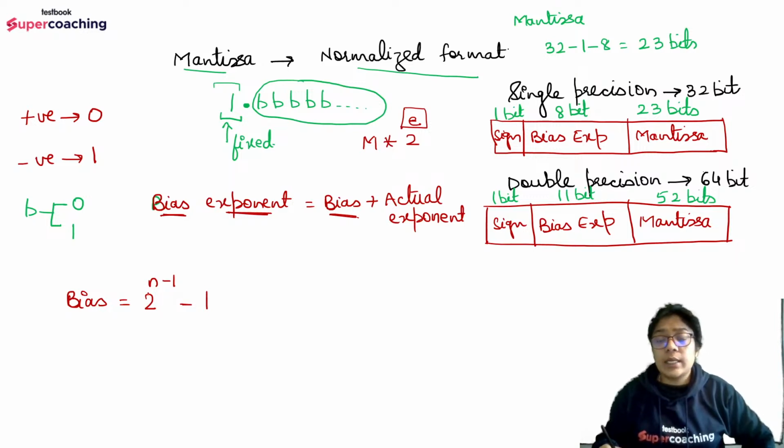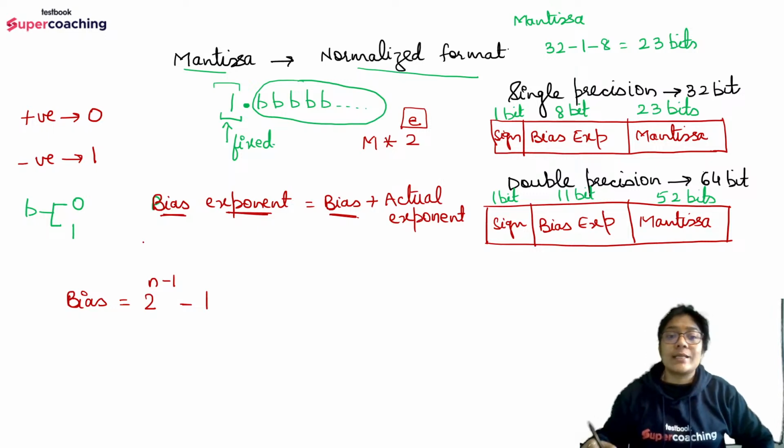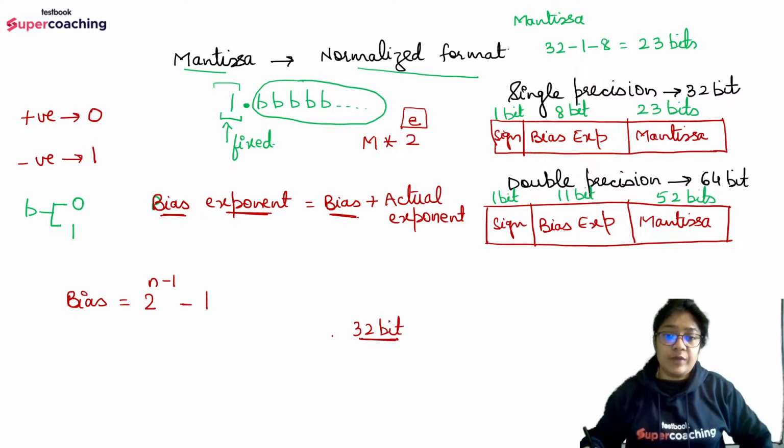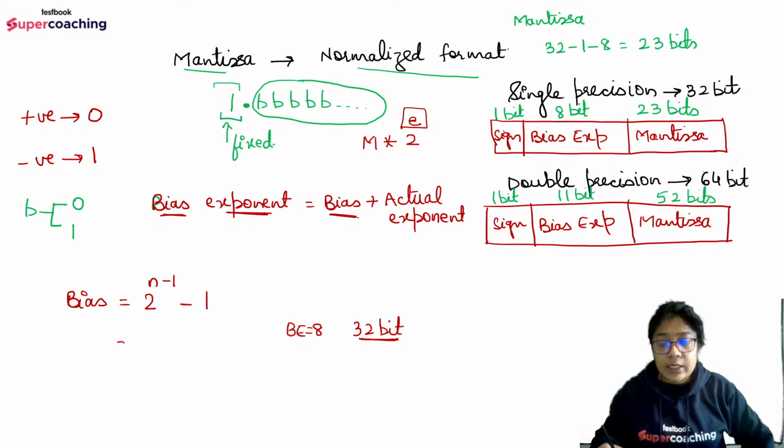N is representing the number of bits जो आप bias exponent के लिए use कर रहे हो. If I'm considering the example for 32 bit, 32 bit में biased exponent is of size 8 bits. So I'll be getting here 2 raised to power 8 minus 1.